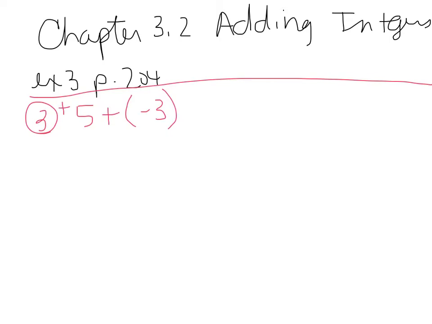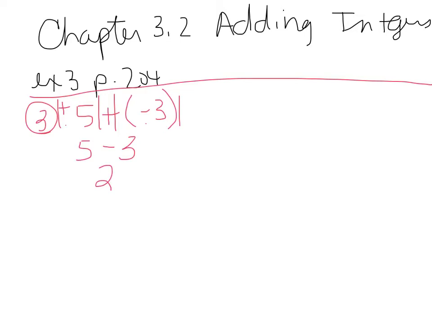Here's a positive, to be understood, positive 5 and negative 3. So you take the absolute value of both, and that's the distance. And this time, because they're opposite numbers, or different signs, different says subtract, you're going to subtract 5 minus 3, and you get yourself 2.